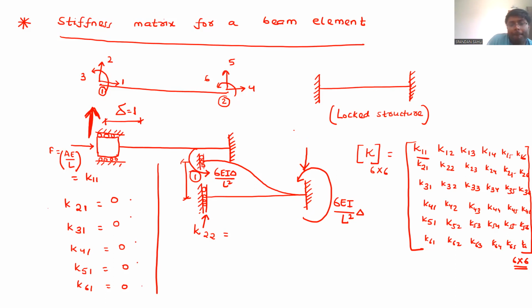M upon L, 6EI delta by L square upon L. Means 6EI delta upon L cube you are telling.